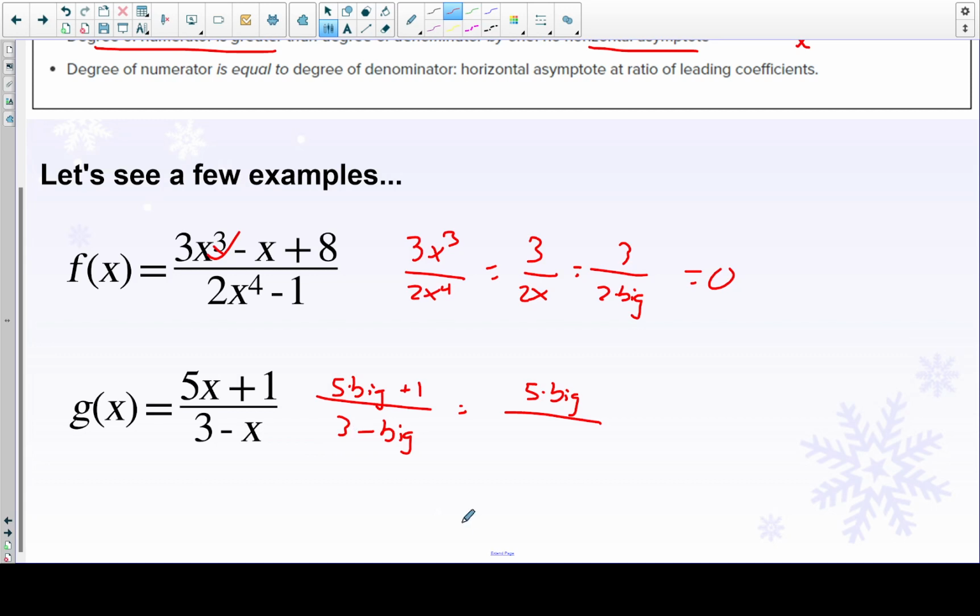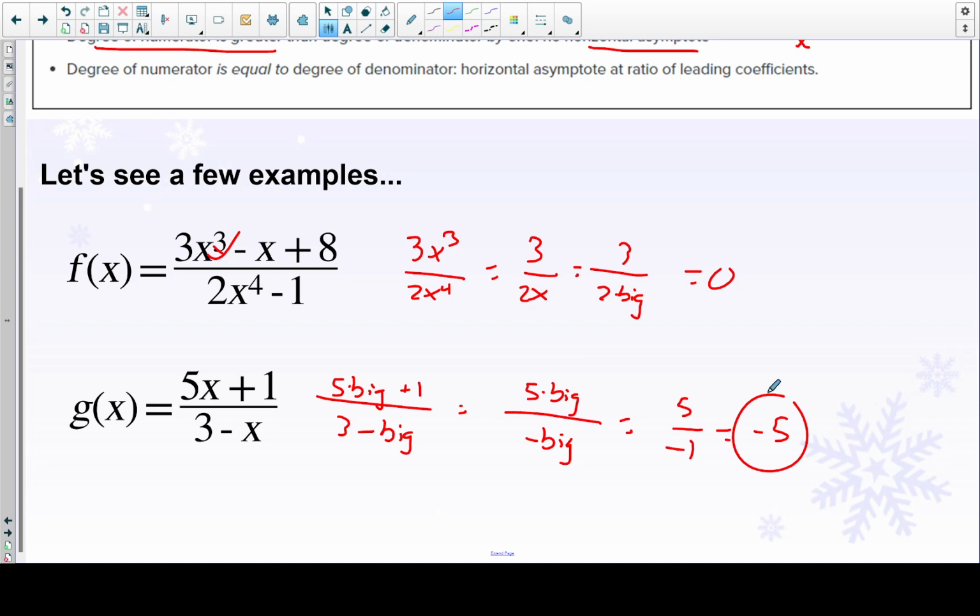It's just going to be on the other side of the number line. We can still safely ignore the 3 in this situation, but what we end up with is just a negative big number. Now what'll happen? Big divided by big cancels out, and you're left with 5 over negative 1, or negative 5. So this one will have a horizontal asymptote at negative 5.